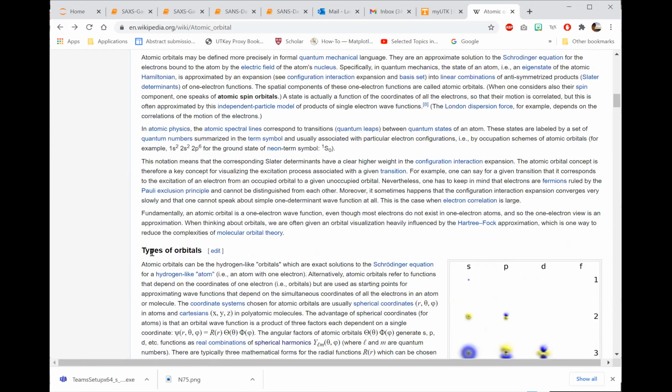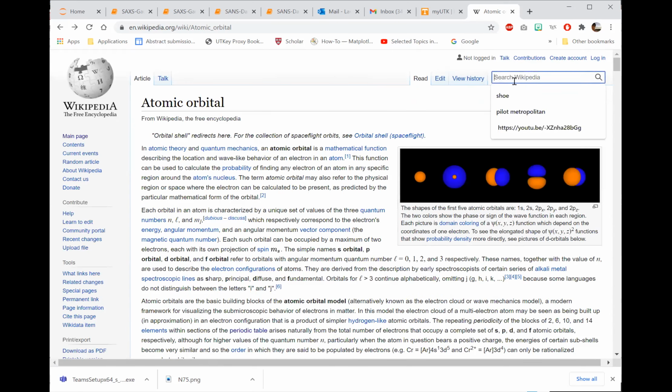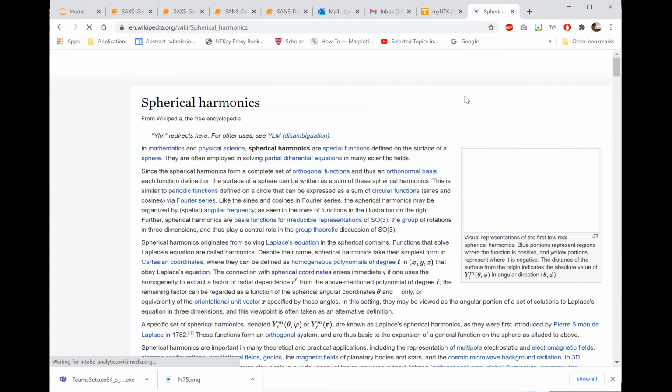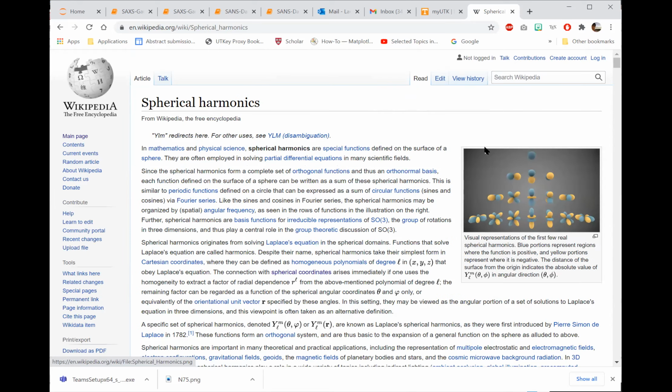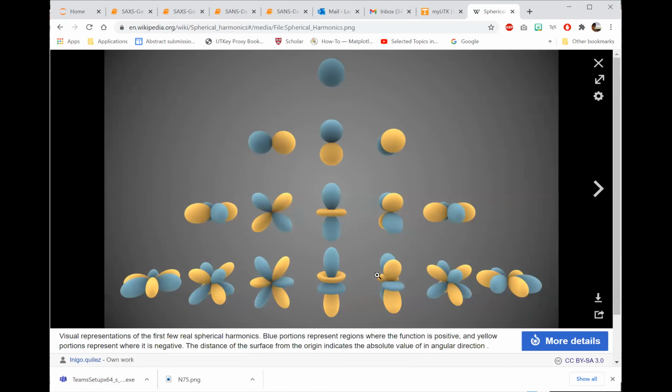But then if you just look up spherical harmonics, see, it's the same shapes. This is s, this is p, this is d, this is f.